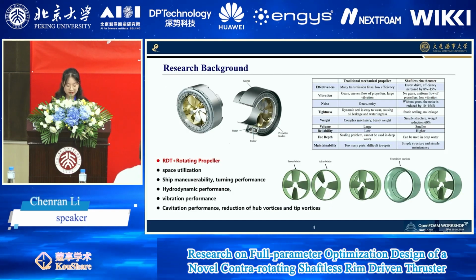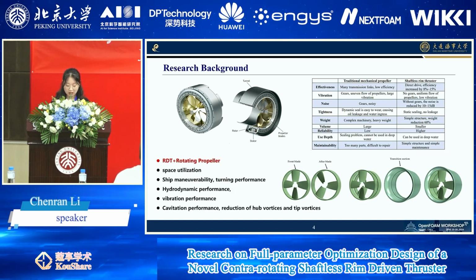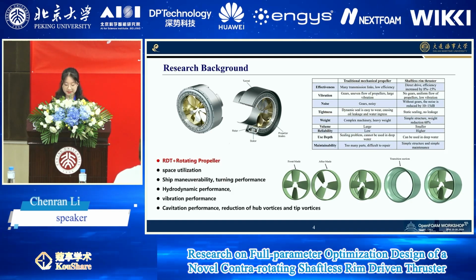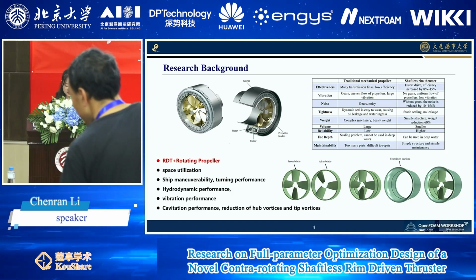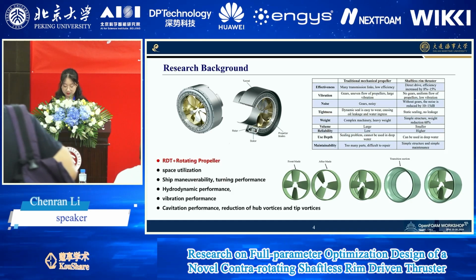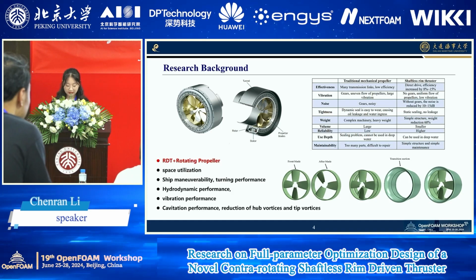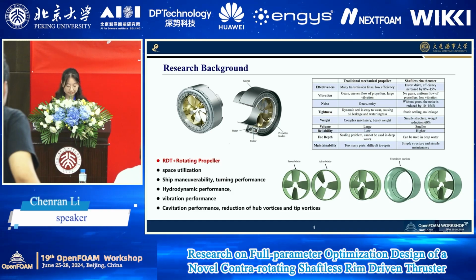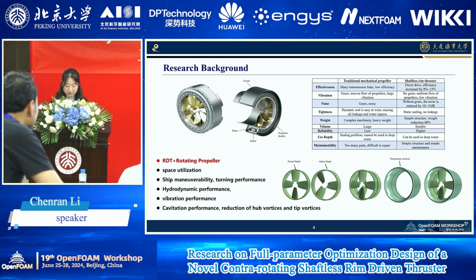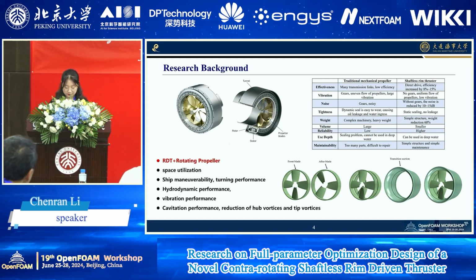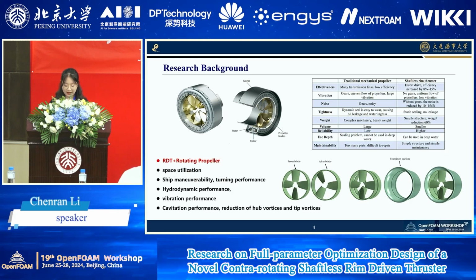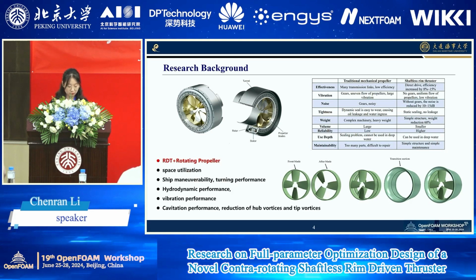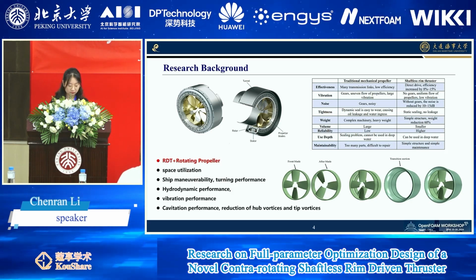The counter-rotating shaftless rim-driven thruster proposed in this paper combines the features of RDT and counter-rotating propellers. Similar to the RDT, the motor stator is placed inside the duct for propulsion. The shaftless structure effectively reduces the generation of hub vortices, which plays a significant role in reducing hydrodynamic noise and improving propeller efficiency.